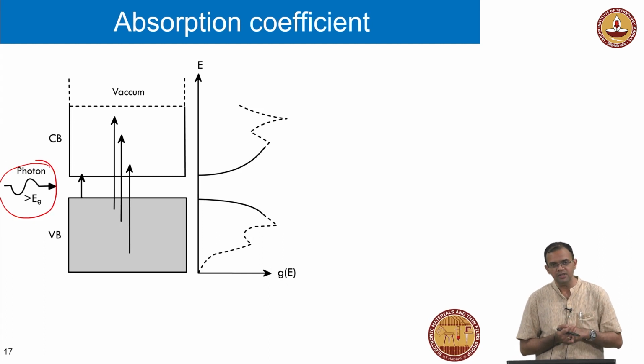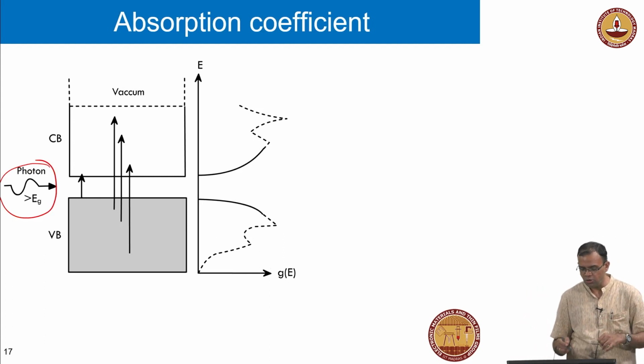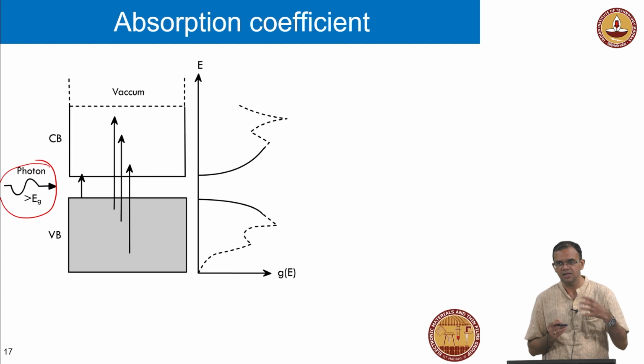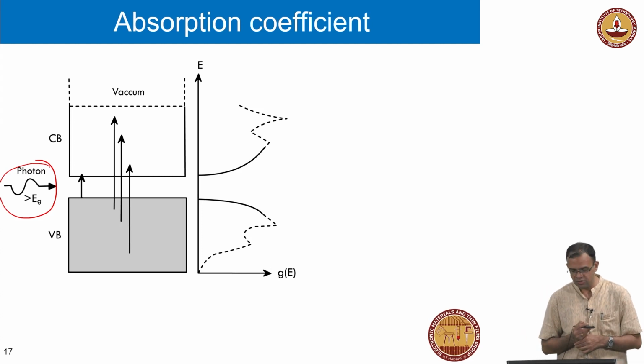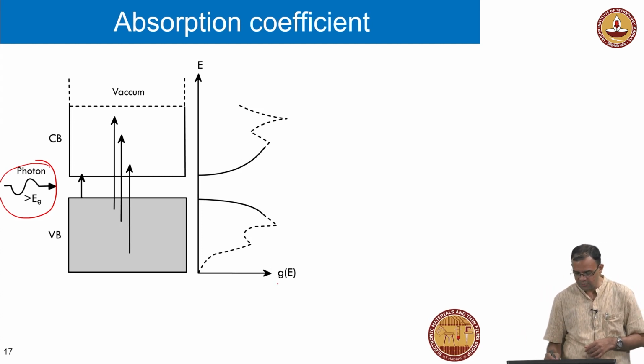But more than that, light absorption also follows how the density of states are distributed in the valence and in the conduction band. So this is the diagram here. So g of E here is nothing but the density of states. This is the band edge. So this is again the valence band maximum and the conduction band minimum.